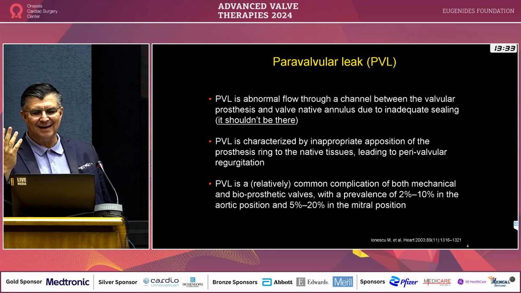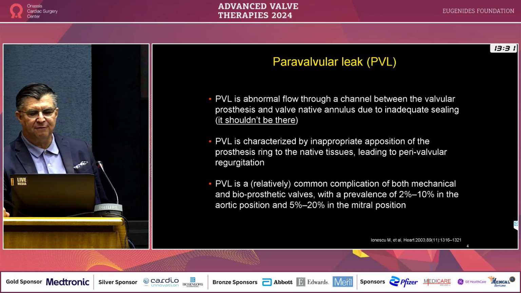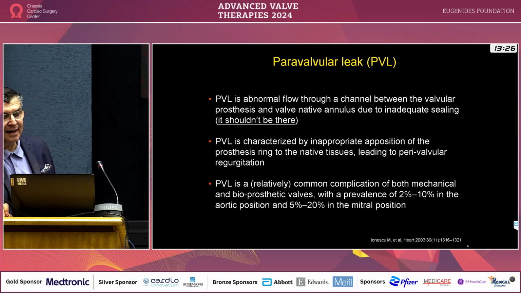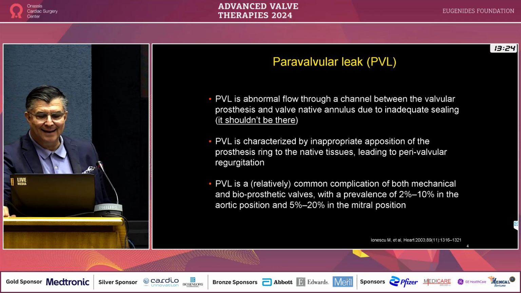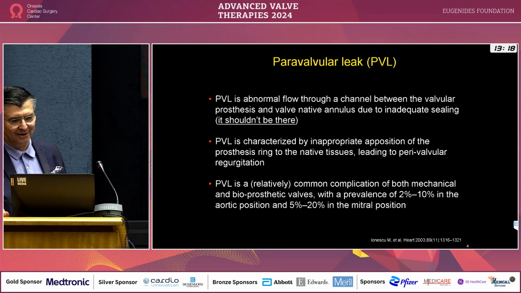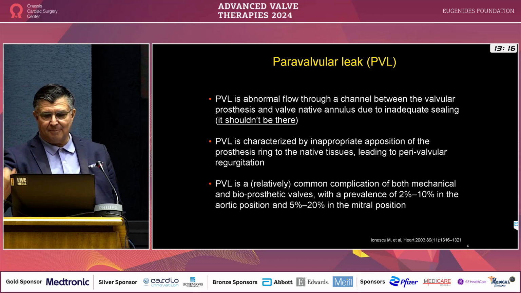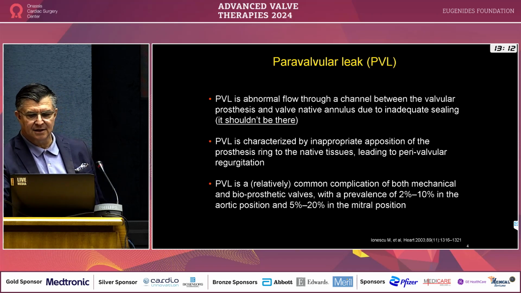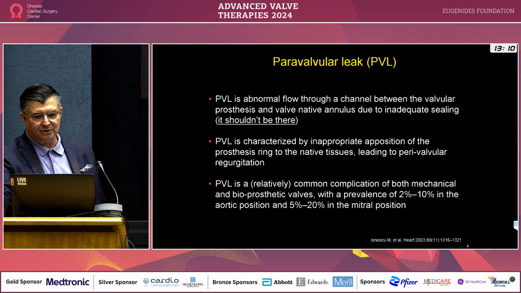What is a paravalvular leak? It is abnormal flow through a channel between the valvular prosthesis and the native valve annulus due to inadequate sealing. In other words, it's something that shouldn't be there. It is characterized by inappropriate apposition of the prosthesis ring to the native tissues, and this leads to perivalvular regurgitation.